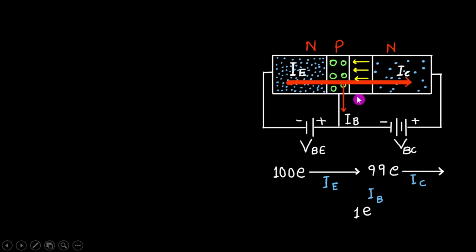As I discussed in the previous lecture, if this junction is reverse biased, the potential barrier will be more, the electric field will be more, and the depletion layer will be greater.